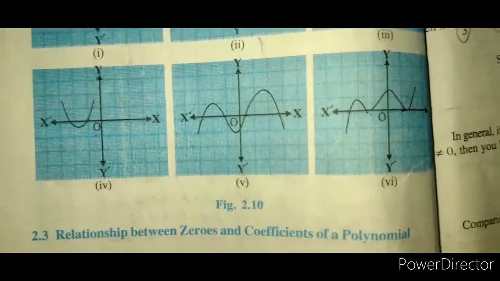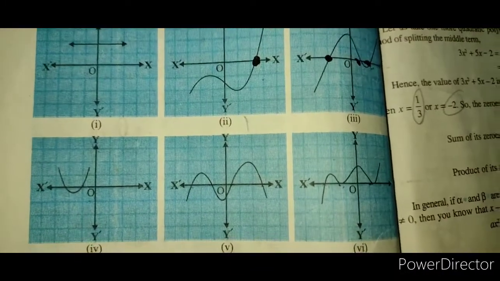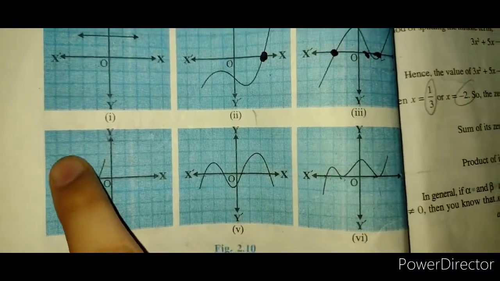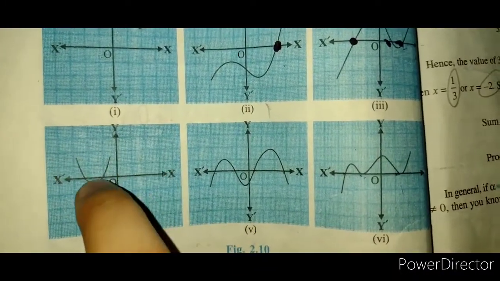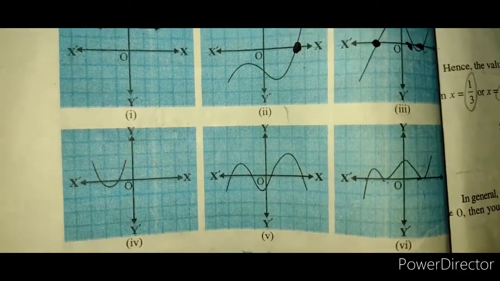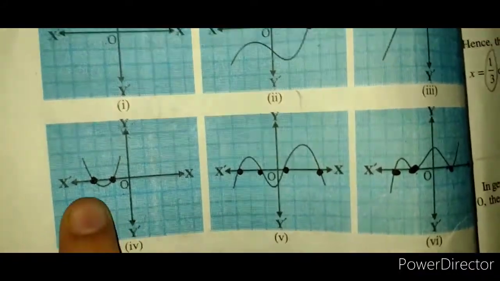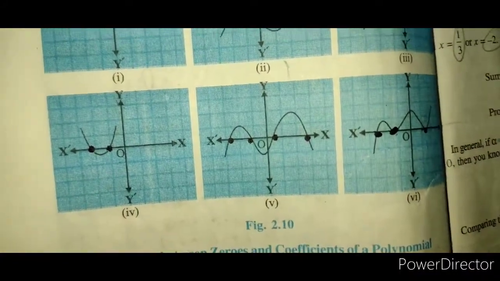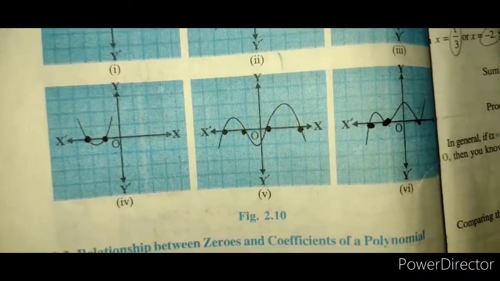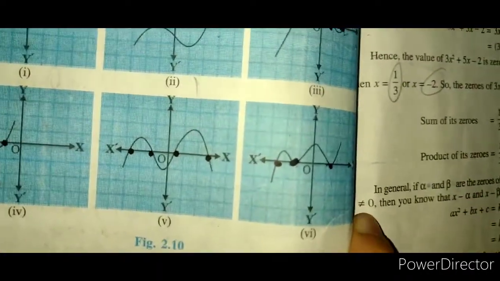Then come to the fourth case. In the fourth case you can see that this graph is touching the x-axis at 2 points. I have marked the 2 points. So you'll say there are 2 zeros of p(x) or of the polynomial.